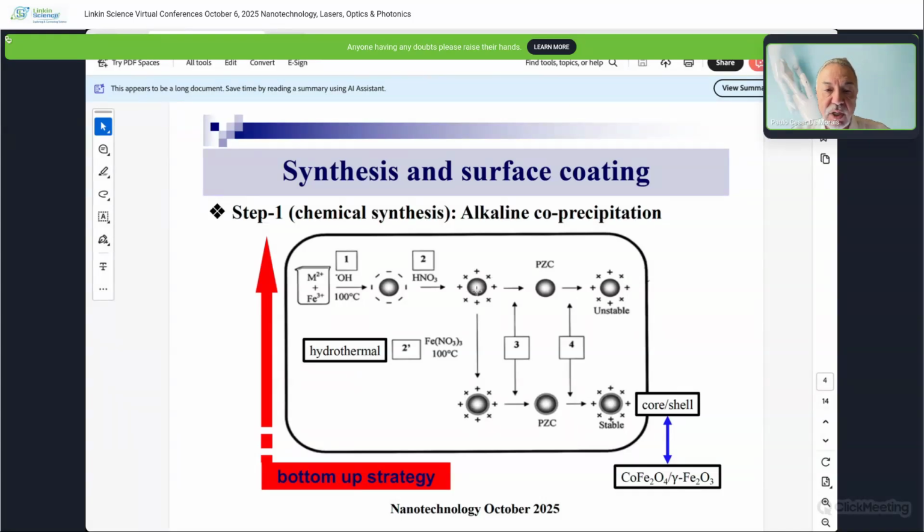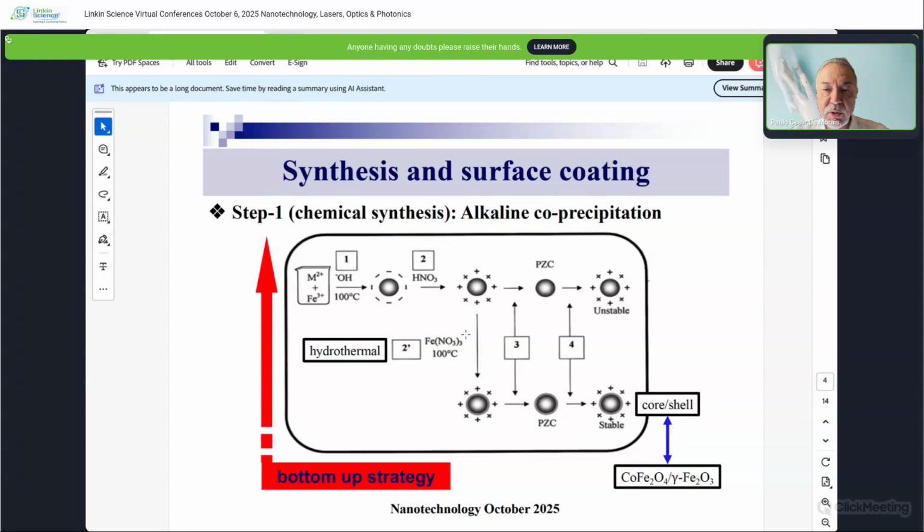And then you can perform a very important step to protect the surface of the as-precipitated magnetic nanoparticles not to dissolve. That means to heat up the low pH precipitate with iron nitrate, iron 3 nitrate, or ferric nitrate, at about 100 C for 2 hours. This is a sort of hydrothermal treatment.